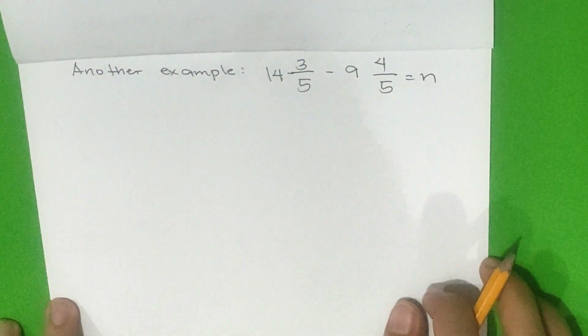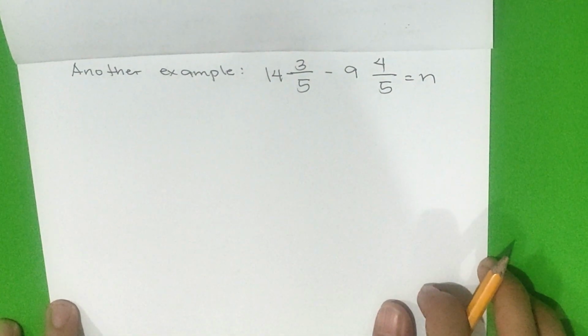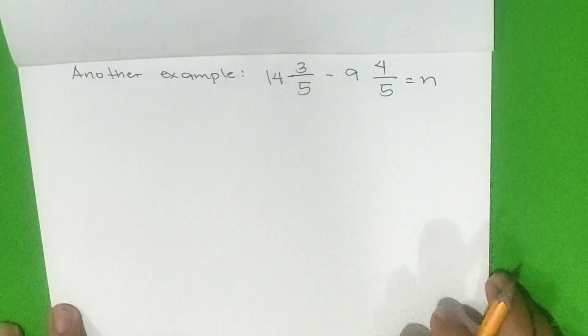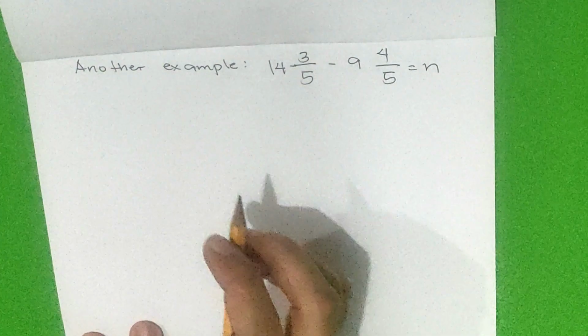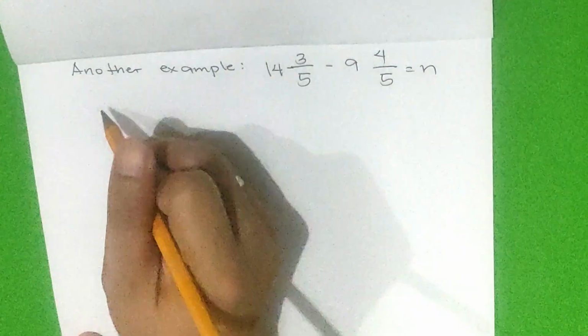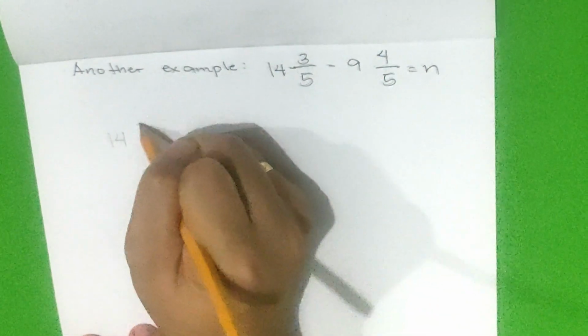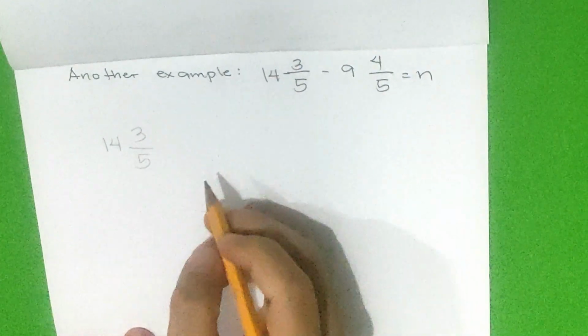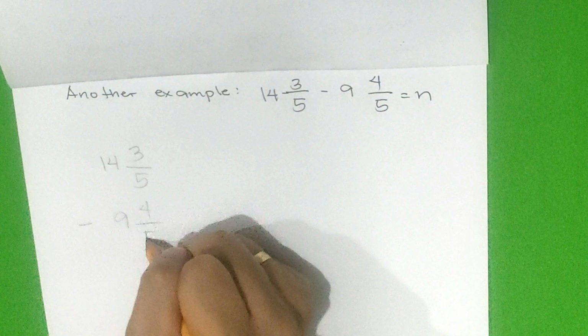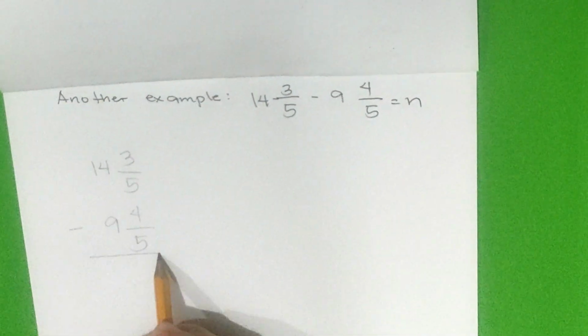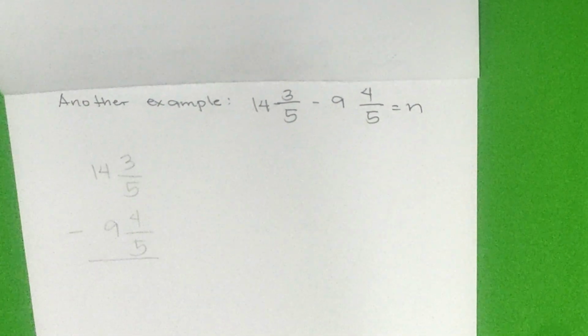14 and 3/5 minus 9 and 4/5. The first step is to align and compare the fractions. 14 and 3/5 minus 9 and 4/5. Let's compare the fractions.